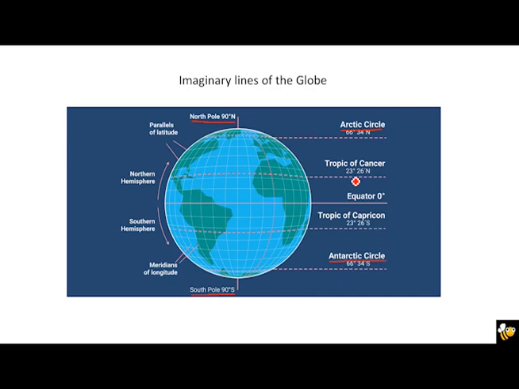At 23.5 we have the Tropic of Cancer in the north and the Tropic of Capricorn in the south. 0 degree, the main latitude, is the equator. These small, thin white lines are known as the meridians of longitude. Here we have the north and here we have the south.